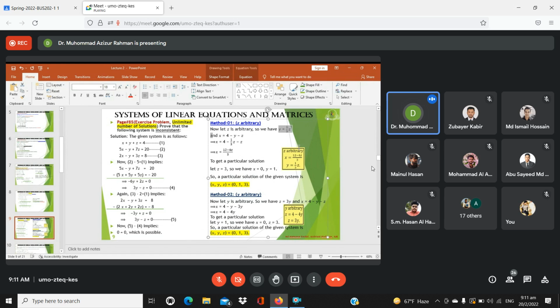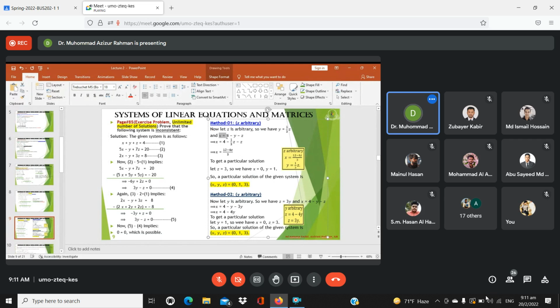So if y equals z by 3, then what will be the value of x? From this equation, x equals 4 minus y minus z.